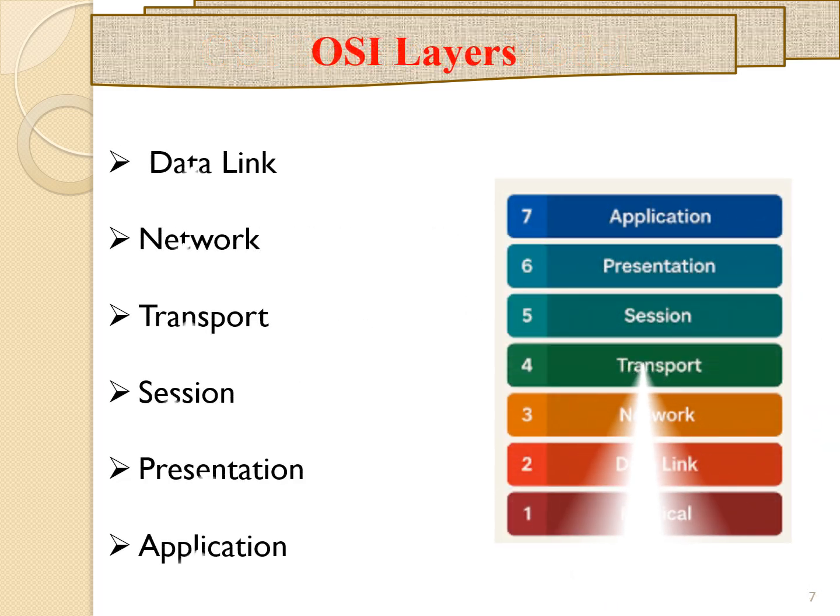Let's briefly look at the 7 layers. The physical layer transmits bits over the medium. The data link layer manages frames and detects errors. The network layer performs addressing and routing.